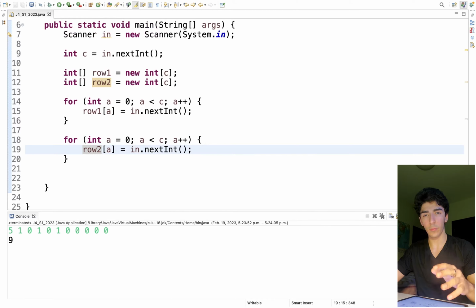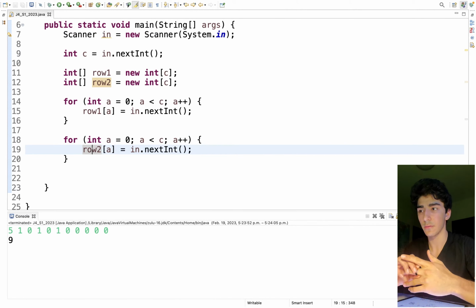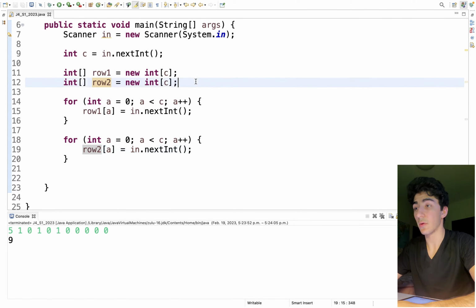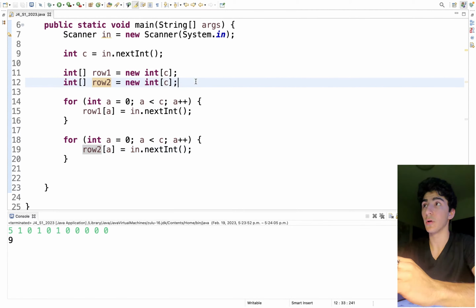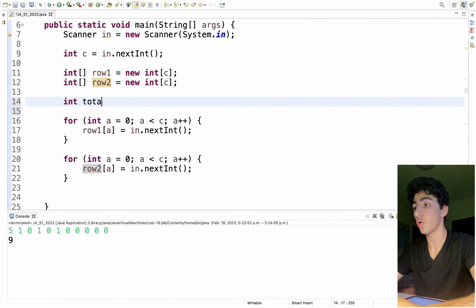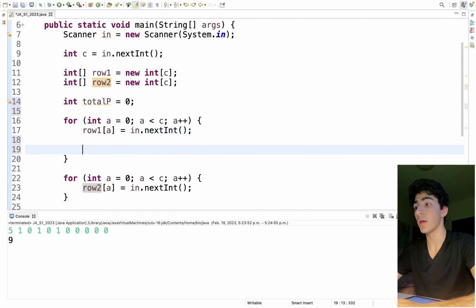But there's also one more thing. One of the rules we had was if a triangle is wet, then we have to automatically add 3. Let's do that. And once again, remember, a wet triangle is represented by a 1. So we can say int totalP, which stands for total perimeter, is equal to 0.